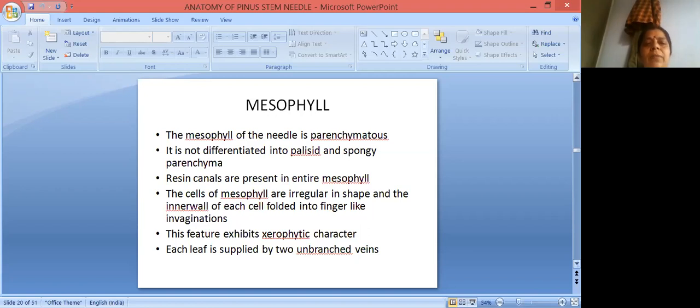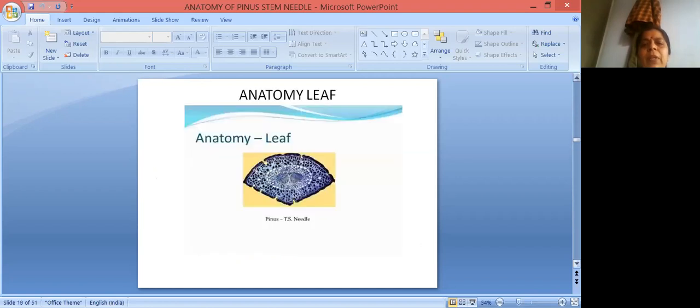So in the pinus mesophyll tissue there is no differentiation of palisade and spongy parenchyma. All the cells are uniform and irregular in shape. If we look at the diagram, this entire part is mesophyll tissue, with irregularly shaped cells present in many layers.